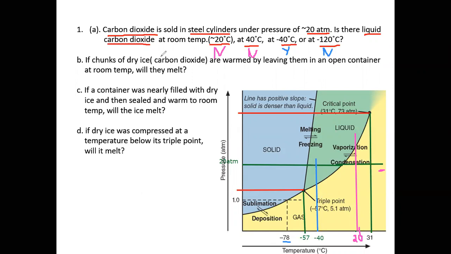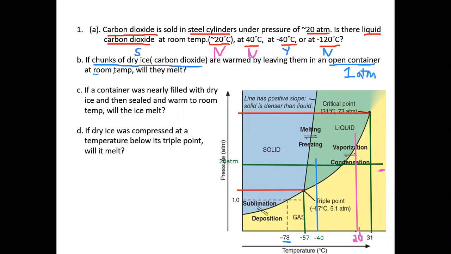Now, in B, if chunks of dry ice, carbon dioxide, so these are solids, are warmed by leaving them in an open container at room temperature, will they melt? Open container means it's at atmospheric pressure, which is approximately 1 atmosphere.